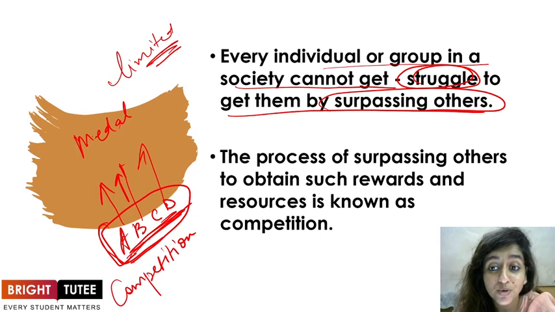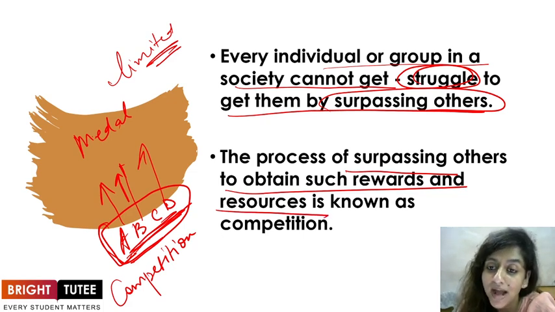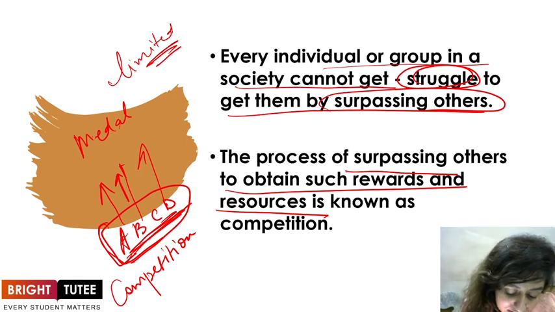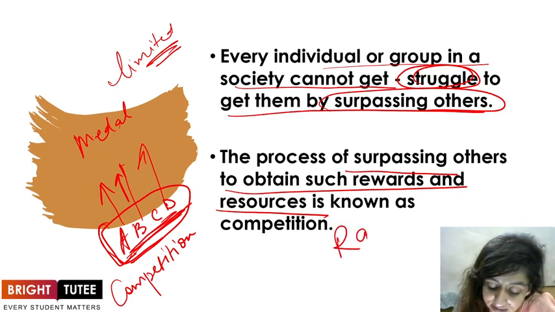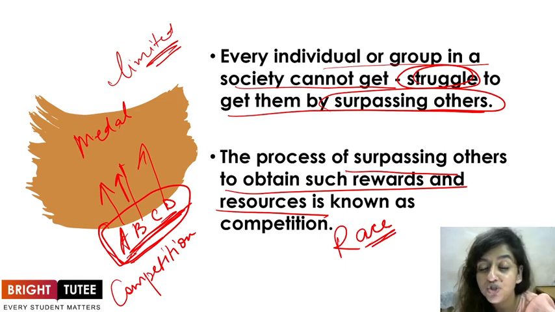The whole process of surpassing others to obtain such rewards or resources is known as competition. Like I explained with the example of a race, you are trying to obtain that reward or resources by leaving others behind, by surpassing those others.